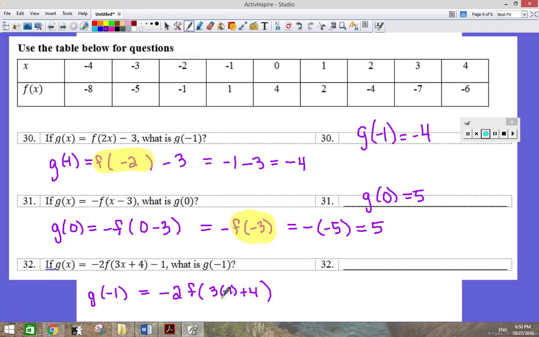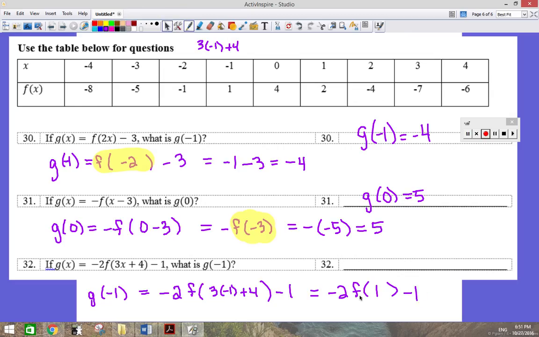I have to figure out what that is because I look across here and I don't see any column that says 3 times -1 plus 4. But I can figure it out because I don't need a table to figure out positive 3 times -1 is -3. And -3 plus 4 is 1. And then I have that -1.